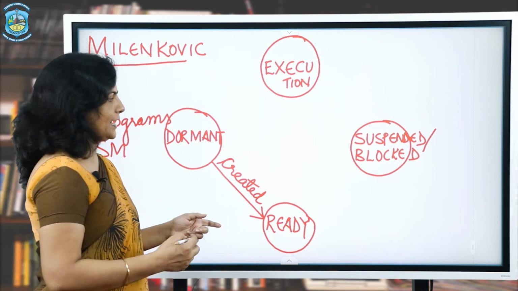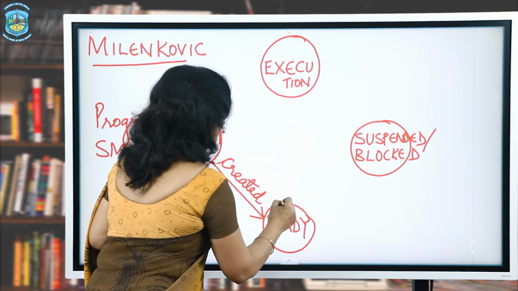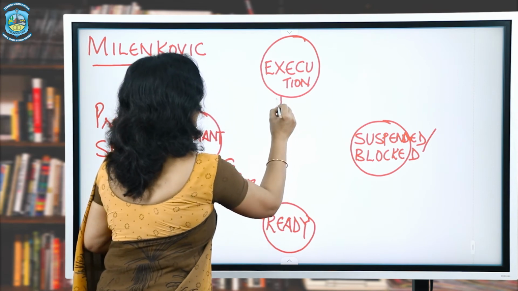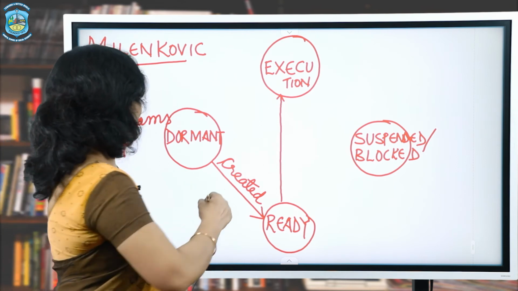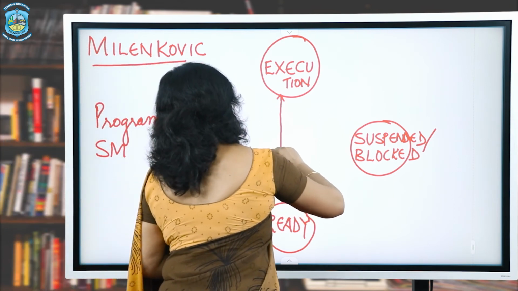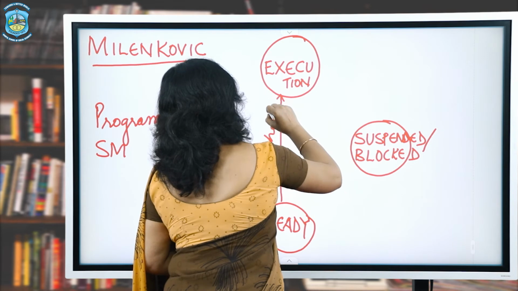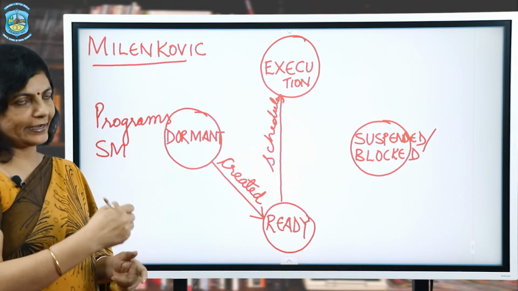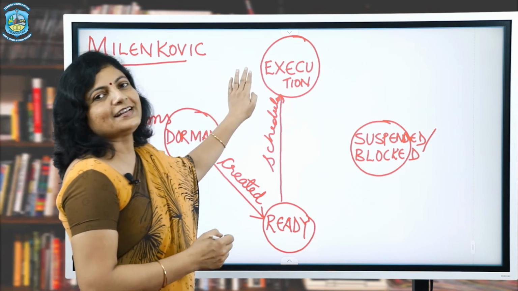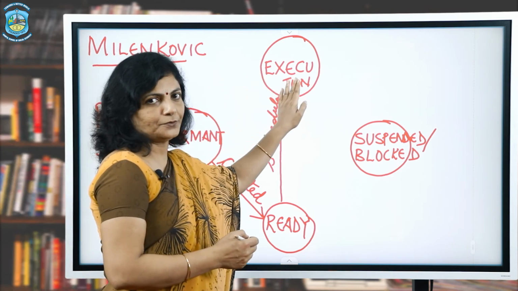From the ready state, operating system applies some scheduling policy and schedules the process to the CPU for execution. So, the next state is execution.